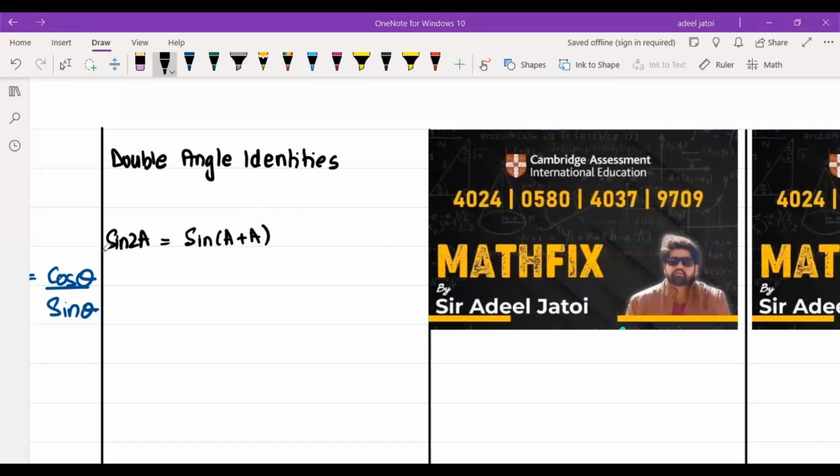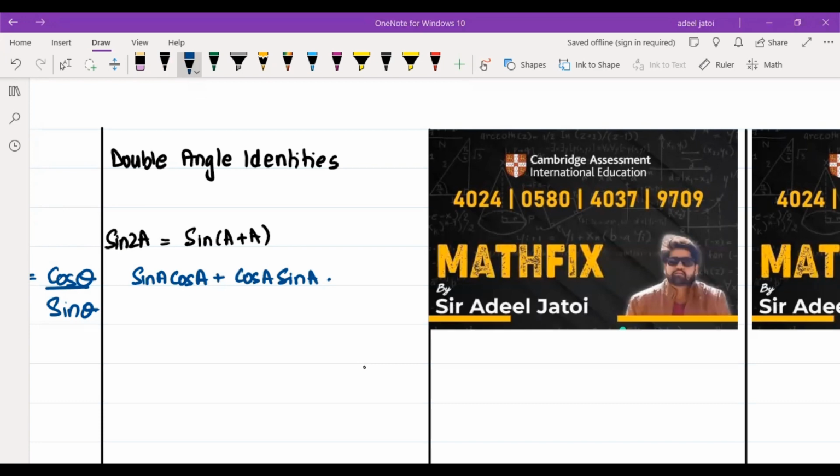And the normal identity used to be sine A cos B plus cos A sine B. So instead of this B, we'll be writing down A only. So if we just write down the proper identity, this should be written as sine A cos A plus cos A sine A. Now this thing will be sine A cos A twice.